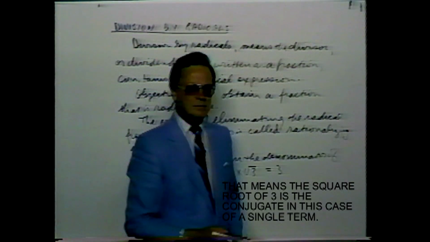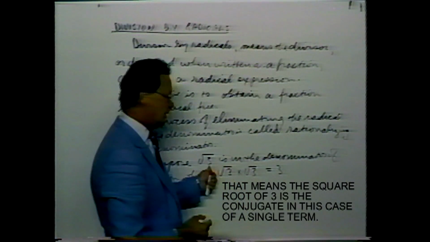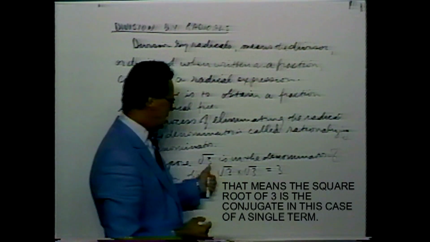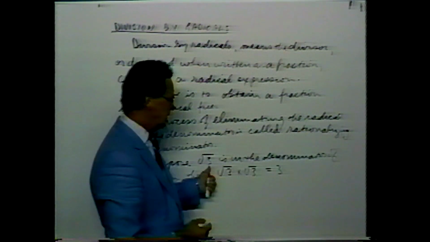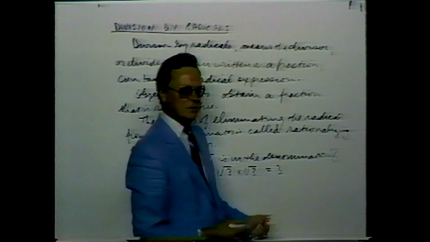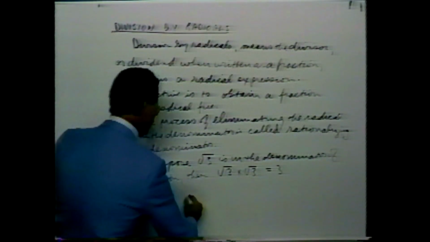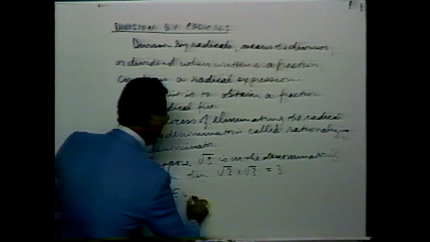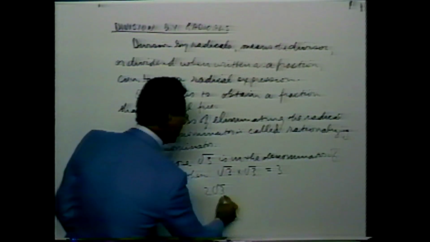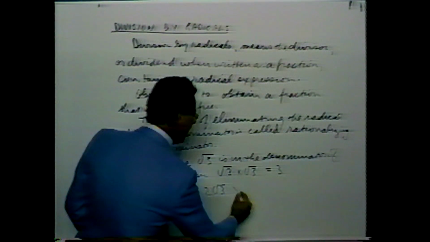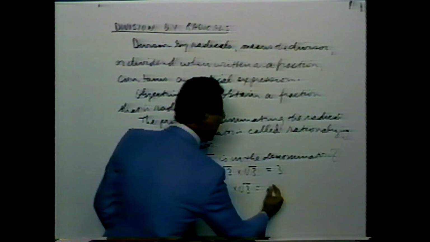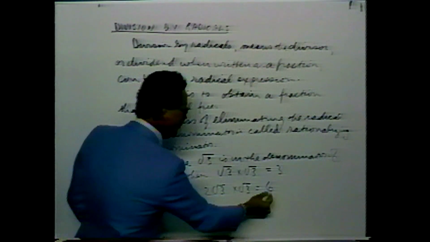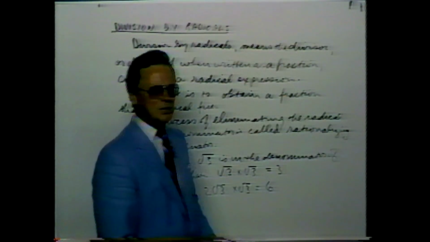It seems then, for a single radical term, that if you multiply that radical by itself, you will be rationalizing the denominator. Here is another example. Suppose in the denominator you have 2 square root 3. If you take 2 square root 3 and multiply it by square root 3, you'll end up with 3 times 2 is 6. No radical in that expression.